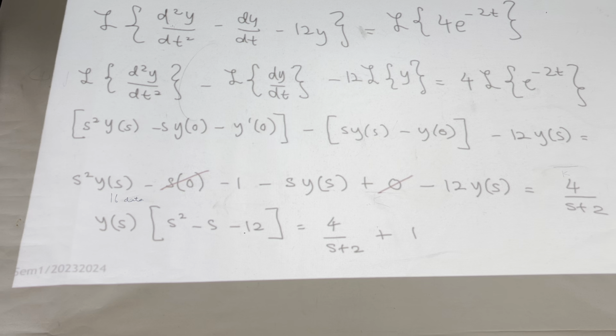Okay, so simplify this one first. This is 4 plus 1 over 1, multiply s plus 2 over s plus 2. So we have s plus 6 over s plus 2. So here we have Y(s) times s squared minus s minus 12, equal to s plus 6 over s plus 2.